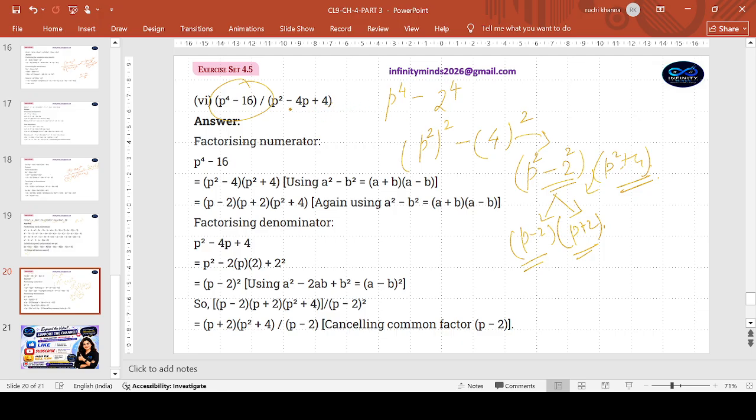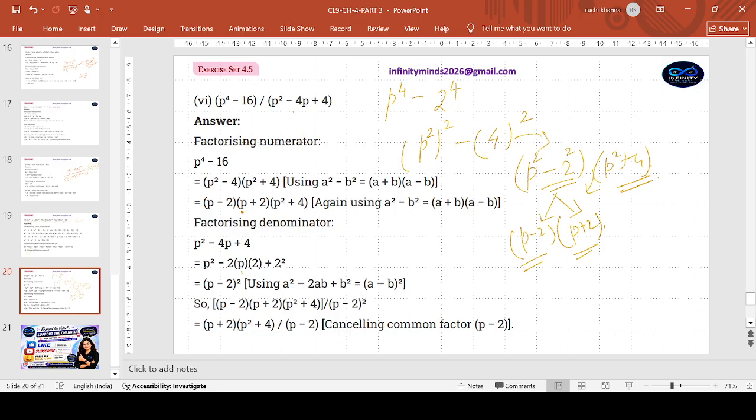Denominator, splitting middle term, quadratic. Oh, so sorry, not quadratic. These are square values. 4 is 2 square. If you feel quadratic, you will find the factors of 4 and you will be stuck. It is absolutely normal if you jump over to quadratic when it is identity and vice versa.